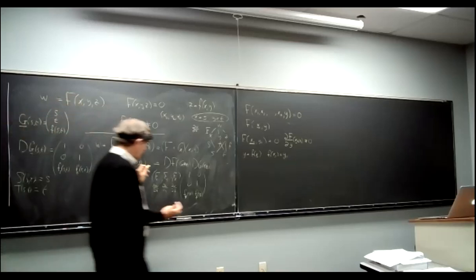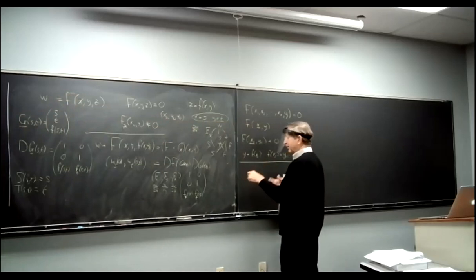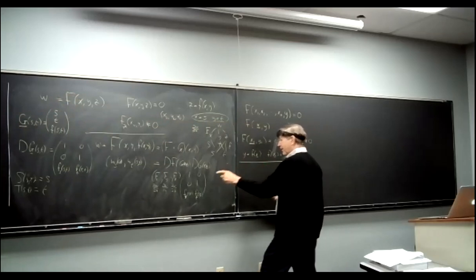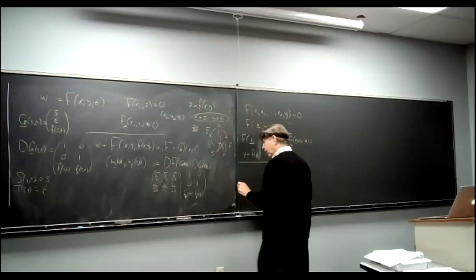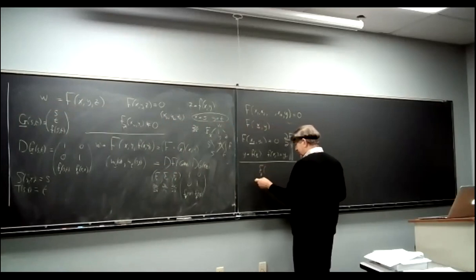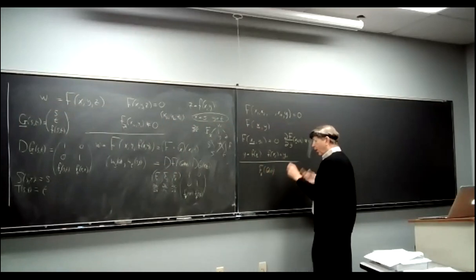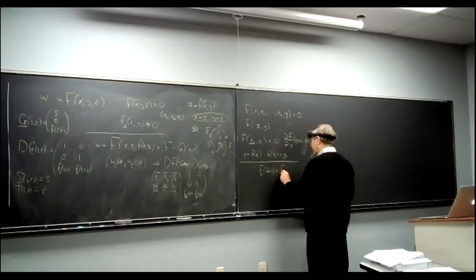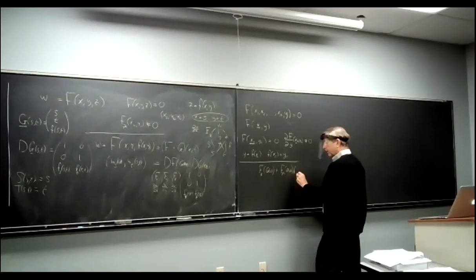Okay? So, what am I trying to get to? I'm trying to get to what this is. If I multiply this matrix row times the first row, I will get f sub x at g of st, if you like, times 1 plus f sub z at g of st times f sub s.